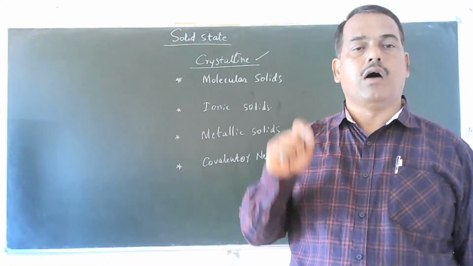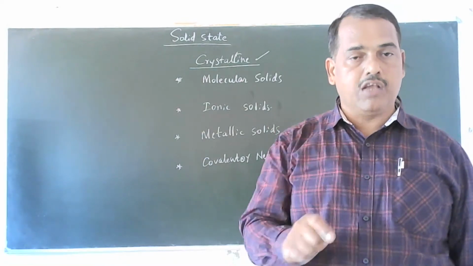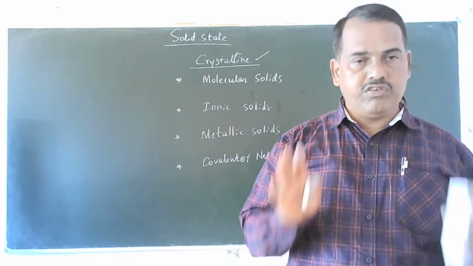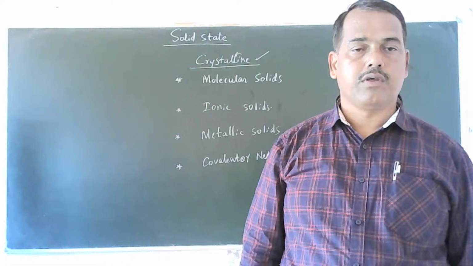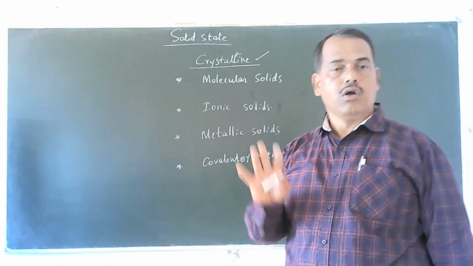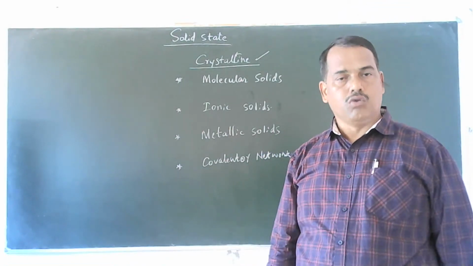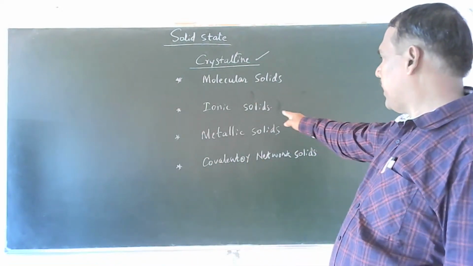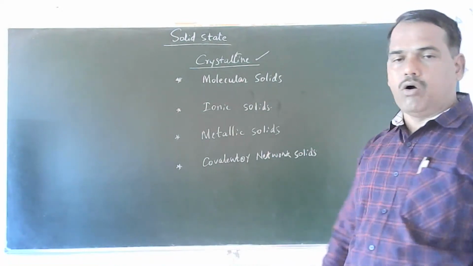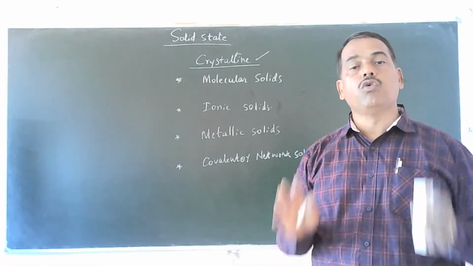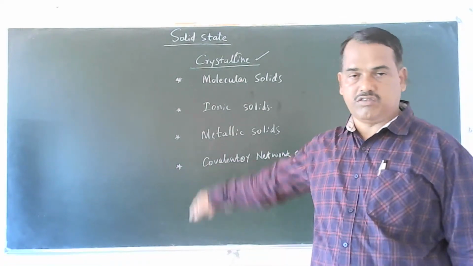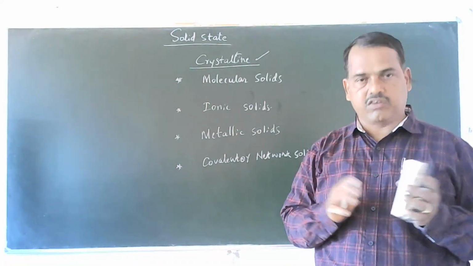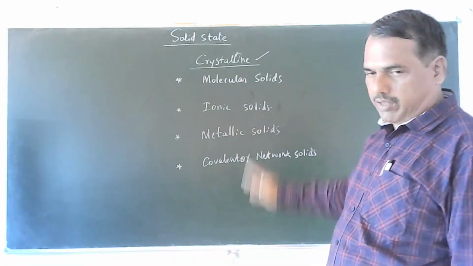What are the four important types of crystalline solid? Molecular solid, ionic solid, metallic solid, and covalent or network solid. Are you clear? So we shall study one by one. You will get one more question regarding this: according to the arrangement of particles and their structure, they are classified into four types.